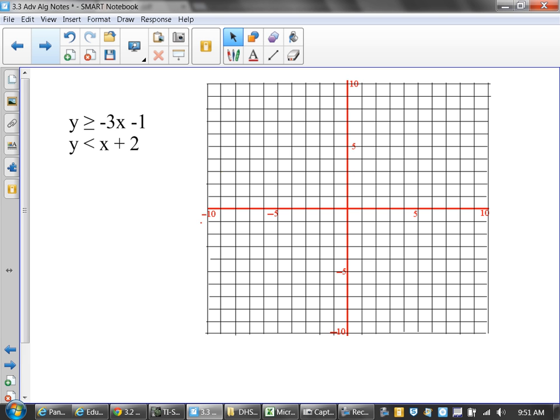Go to your y-intercept and walk your slope. -1, slope of -3. Solid or dotted? Solid.